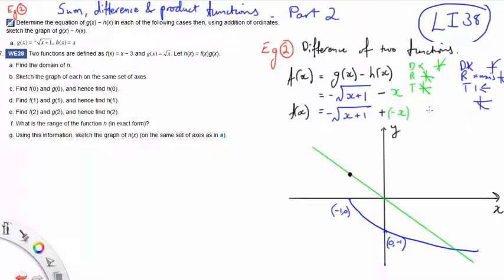So let's work that out. F of negative 1 is negative root negative 1 plus 1. And that's going to work out to be plus 1. So that's positive 1. So that's going to be the point negative 1, 1. That makes sense.